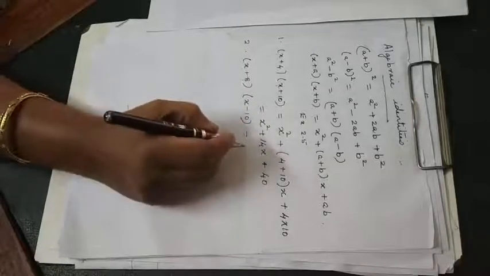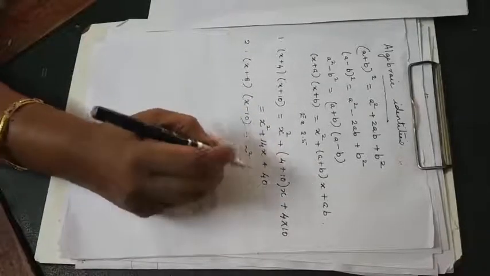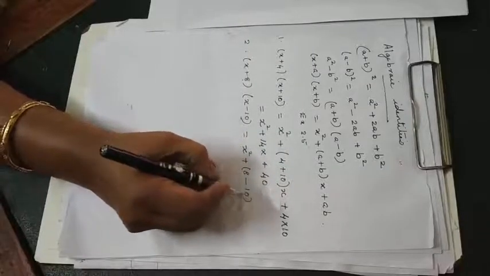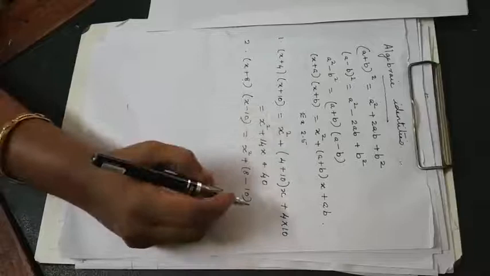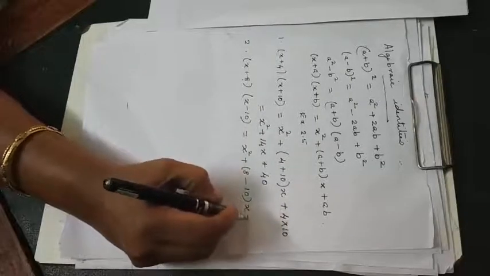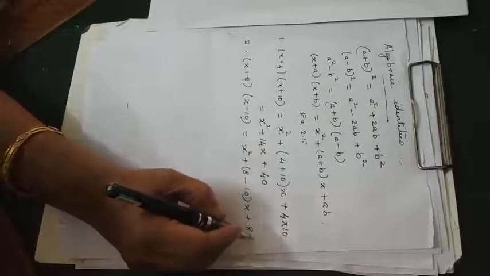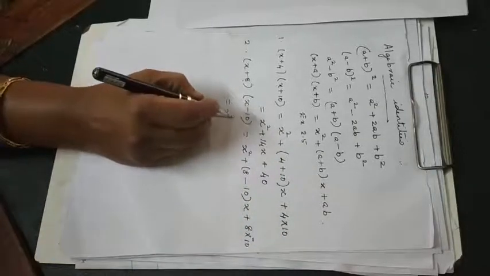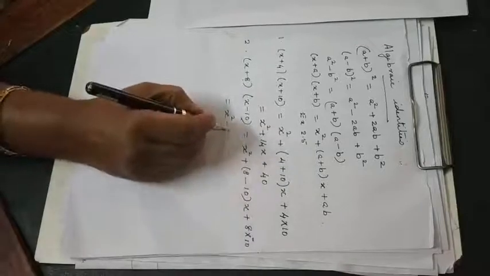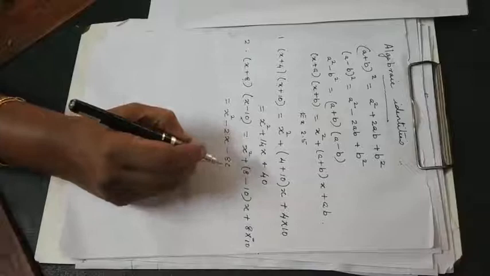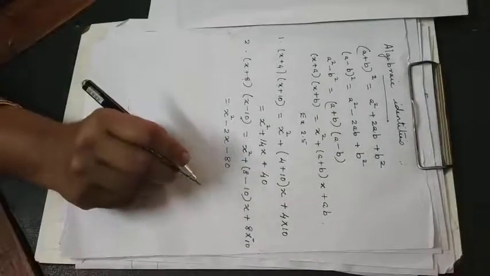So here you will get x square plus (8 minus 10), b is negative 10, that's why negative sign, x, then 8 into negative 10. So it will be x square minus 2x minus 80. Okay.